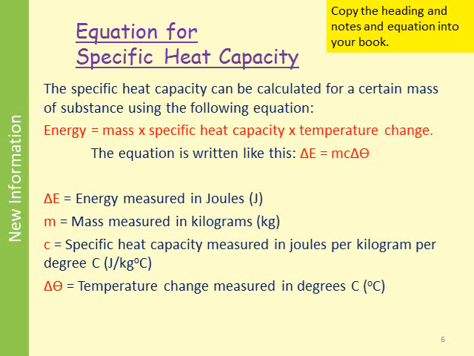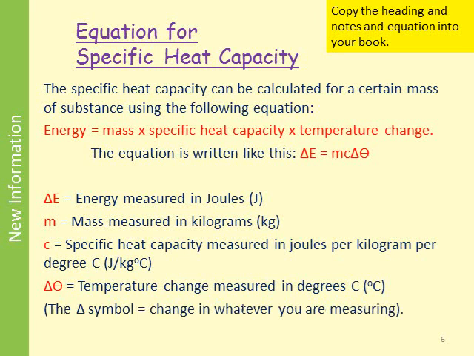And this unit here, delta theta, represents the temperature change measured in degrees Celsius. So, if you just remember that little delta triangle symbol, it just means the change in whatever you are measuring.